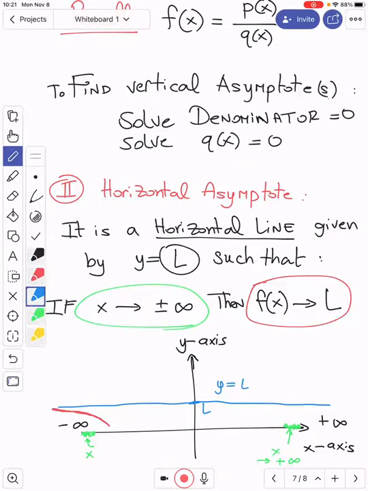As you can see, it's going to be as close as you want to the line L, but of course, again, it won't intersect this line L. On the other side, of course, you can have the same thing. Your graph is going to be very close to this line L.